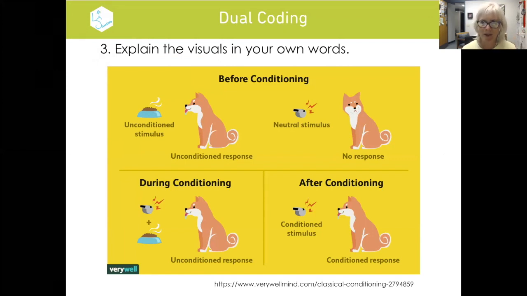Whereas the neutral stimulus, the whistle, creates no response. As a result of conditioning, these two are paired, the food and the whistle, and the dog continues to salivate to the food. After conditioning, the dog will salivate to the stimulus by itself.